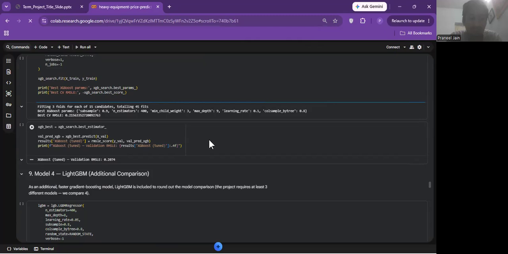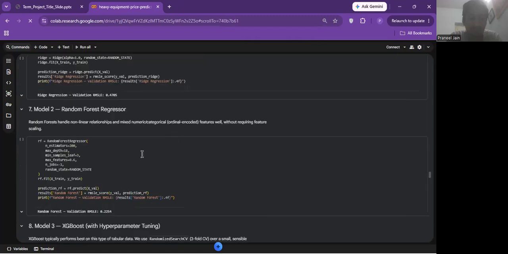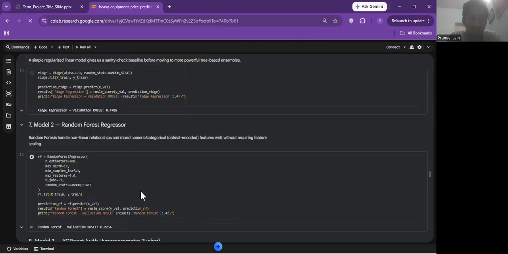So these were our four models, giving us different scores. The first one gave us 0.4705, as we can see here. The second model has shown us 0.2254.